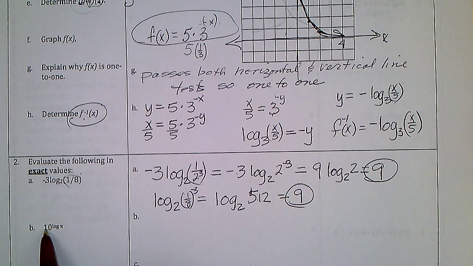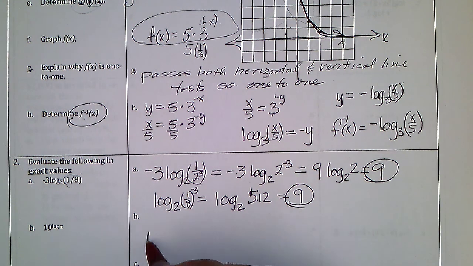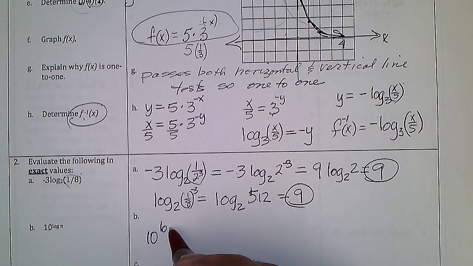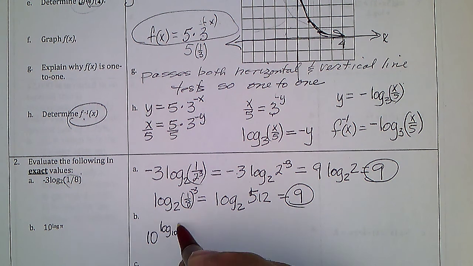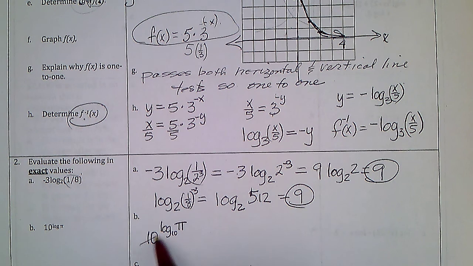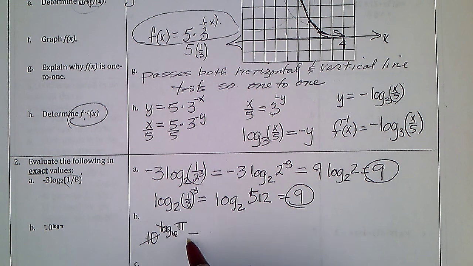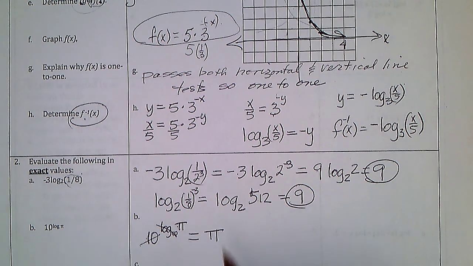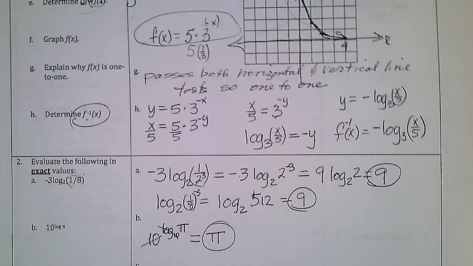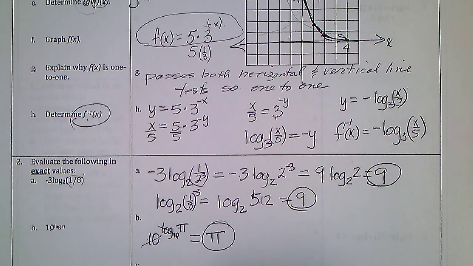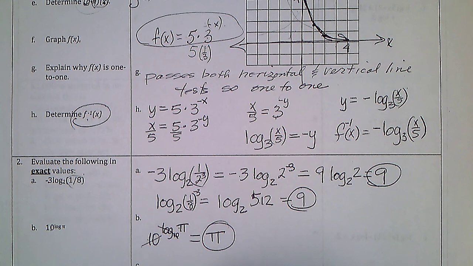This one, 10 to the power of log base 10 of pi. This and these are inverse operations. They cancel and they leave us with pi. ln of e to the 2 square root of 3.